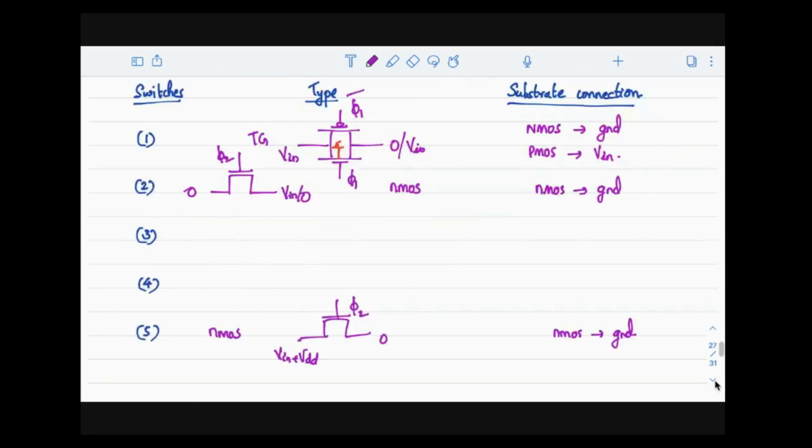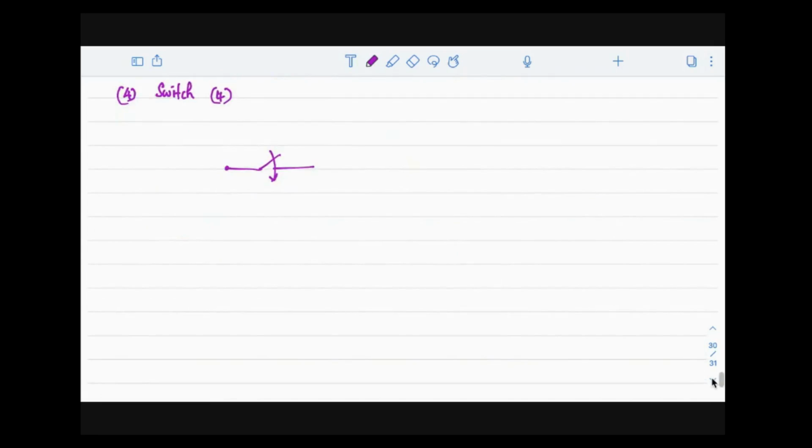So on the left side, you have VDD or VDD plus V in, and on the right side, you have 0 voltage, or VDD plus V in.